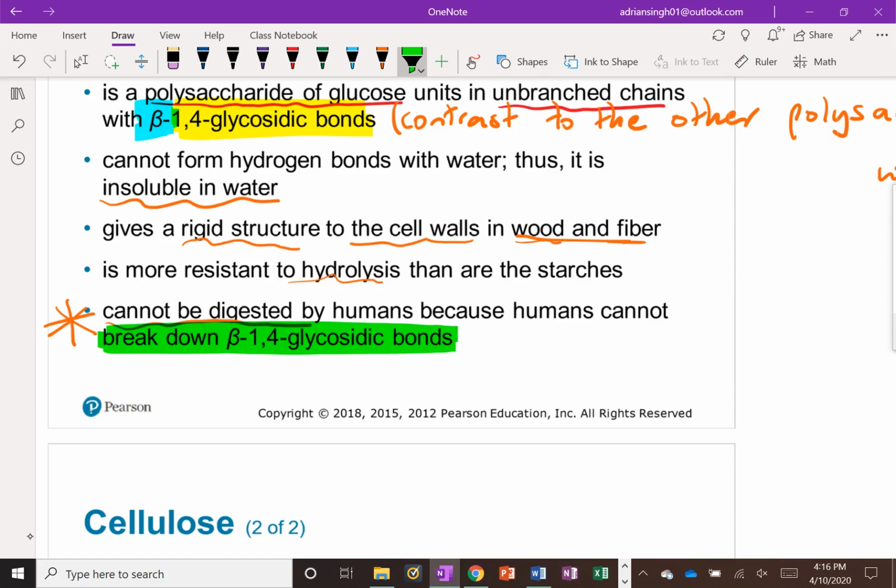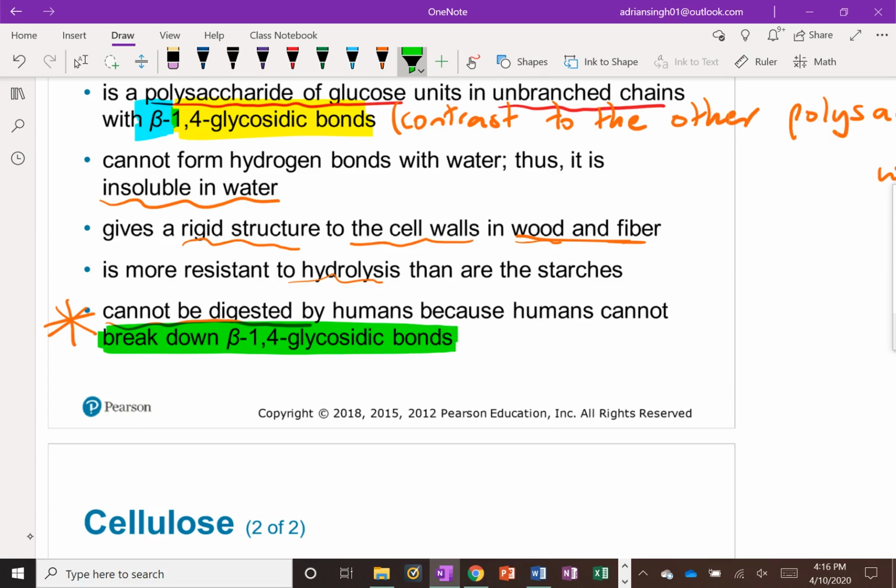Even though we can break down starches, for instance, which have the alpha 1,4-glycosidic bond, the mechanism in our bodies, the tools that we use, like our enzymes, they do not recognize that beta 1,4-glycosidic bond in cellulose. So we cannot, for instance, go out, eat some grass, and get any energy from that, right?